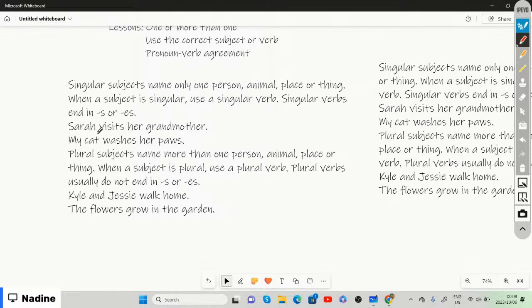So she visits, and it ends in an S. So Sarah visits her grandmother. That is a singular subject with a singular verb that ends in S.